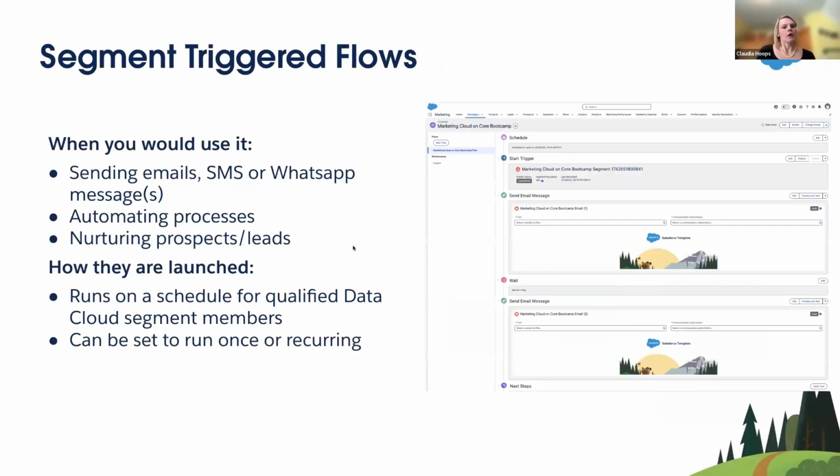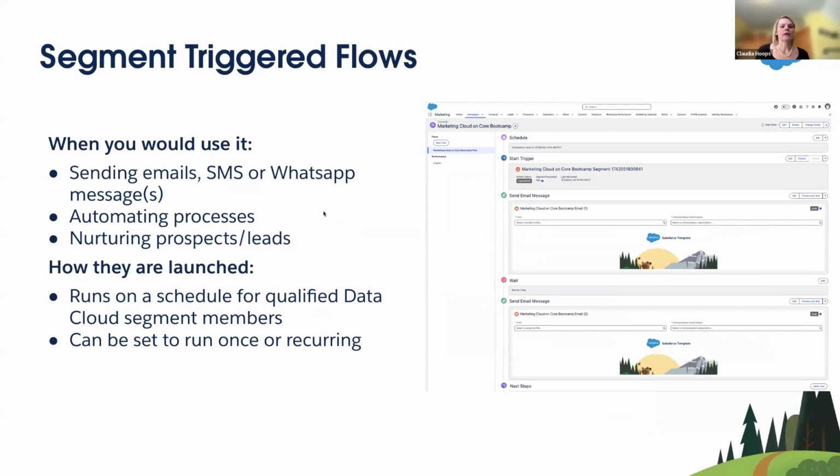So for segment triggered flows, when would we use them? We would use them when sending emails, for example, or SMS or WhatsApp messages, for automating our processes or nurturing our prospects and leads.